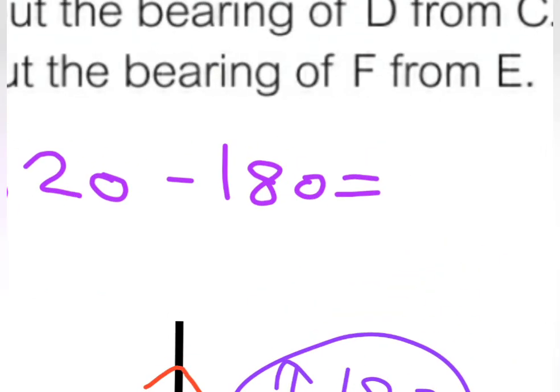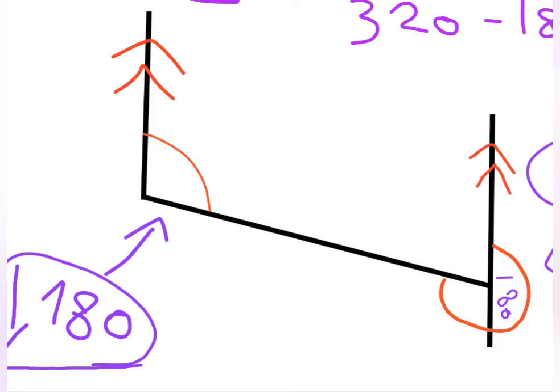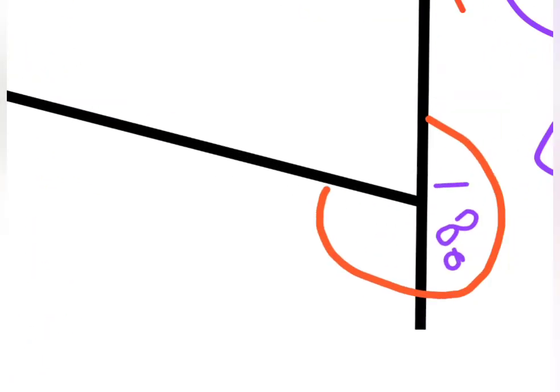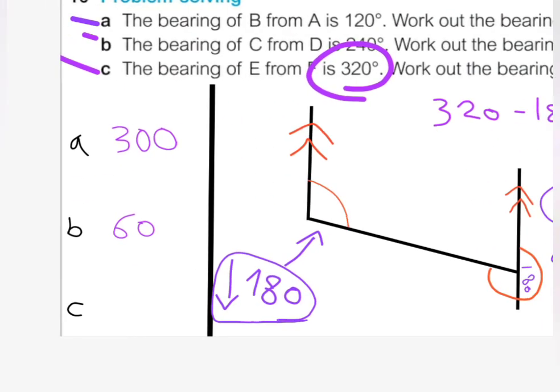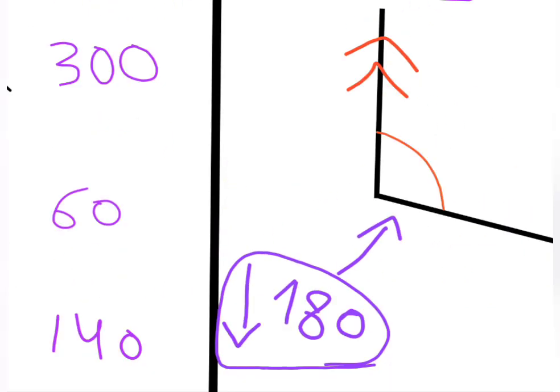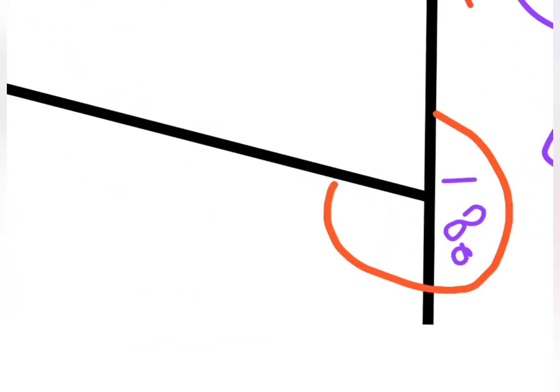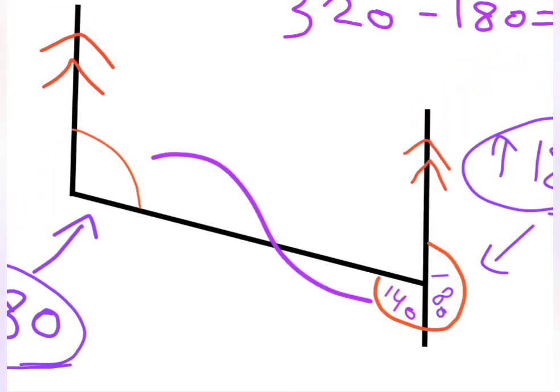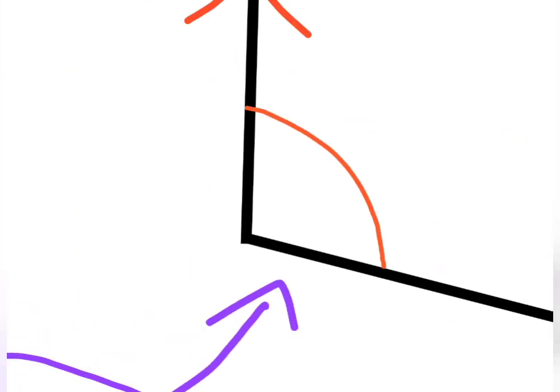So the answer is 140. So after subtracting, you'll get 140, which is the whole answer here. How is that? Because when you subtract it, you will get this one, 140. And this angle is the same as this angle because they are alternate. Very good. So this one is 140.